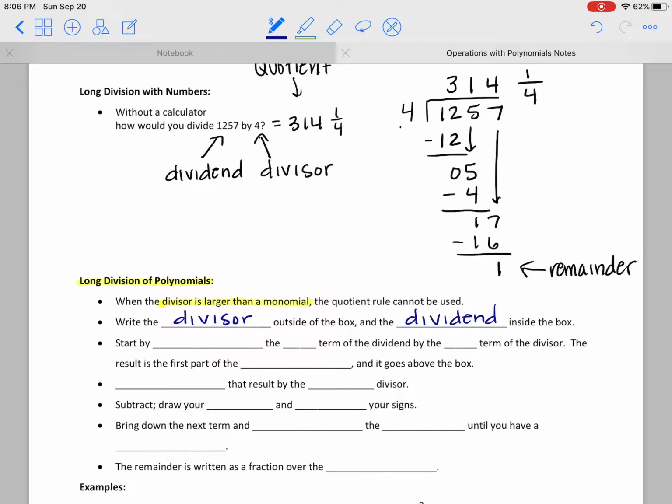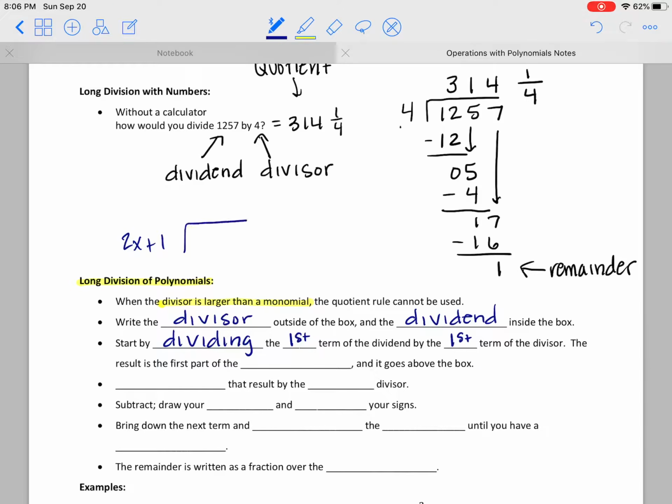And then we start with division, same way we started this problem. Just like when we divided, we didn't look at how many times 4 went into the whole 1,257. We just went 4 into 12, right? What we're going to do with polynomials is divide the first term of the dividend by just the first term of the divisor.